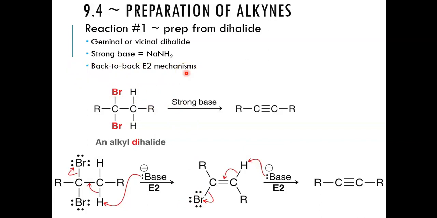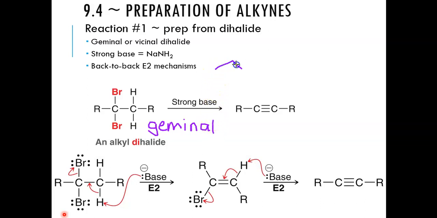I want to add one more little piece of information to have some summary information here. With our reaction, there's one more way to draw this out. The way that it's drawn here, this is a geminal dihalide, which means that our two halogens are on the same carbon, like Gemini twins.